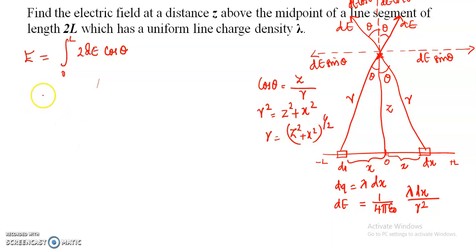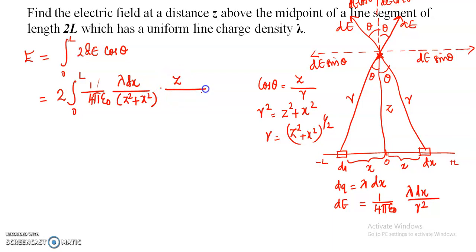So making all these substitutions in this equation, we get E equals, we can take 2 outside, 2 times the integral from 0 to L of 1 by 4 pi epsilon 0 lambda dx divided by r squared, that is z squared plus x squared, into cos theta. Cos theta is z divided by r, but r is z squared plus x squared whole raised to half.